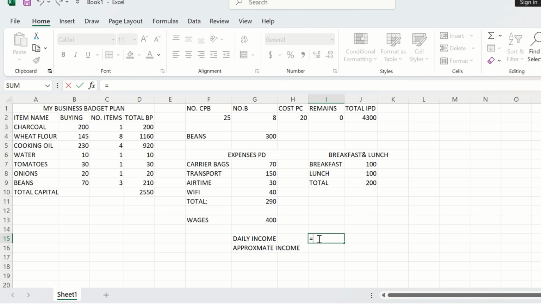So that means that the daily income will be given by the total income per day minus the expenses, minus the capital, then minus other expenses, then minus the wages for employees, then minus breakfast.